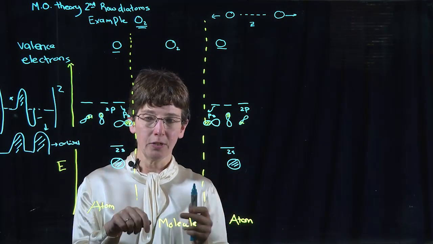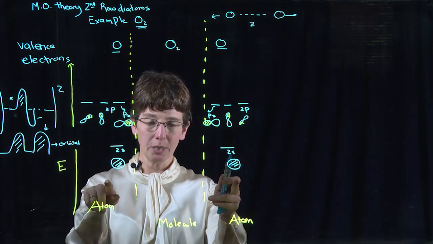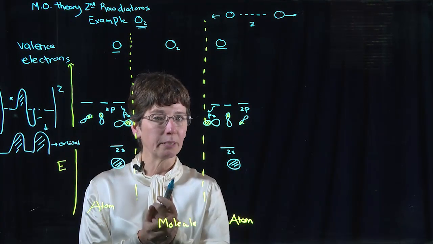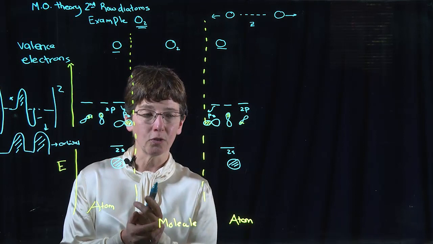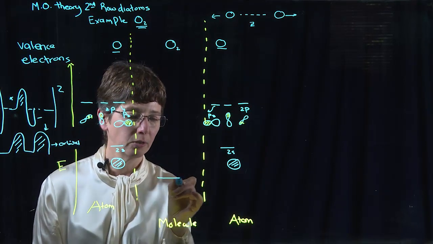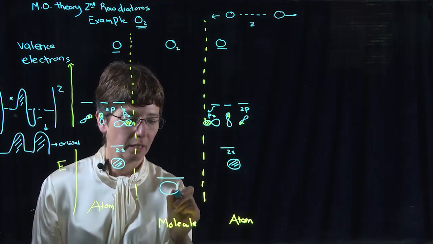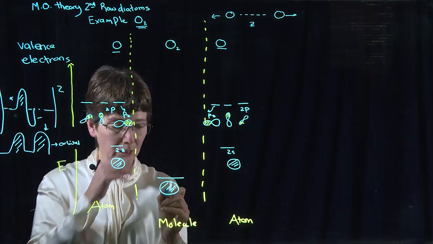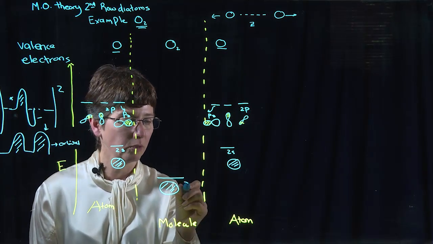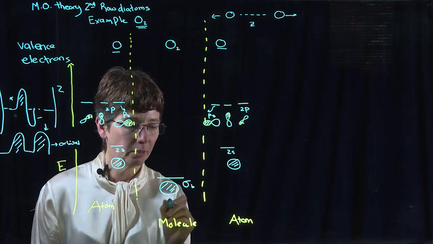So we're looking at our valence electrons. Starting here, we have 2s. This is going to be exactly like what we saw before for hydrogen. So we're going to add those together. We're going to make a bonding molecular orbital that looks pretty much like what it did before. So this will be a sigma bonding molecular orbital.